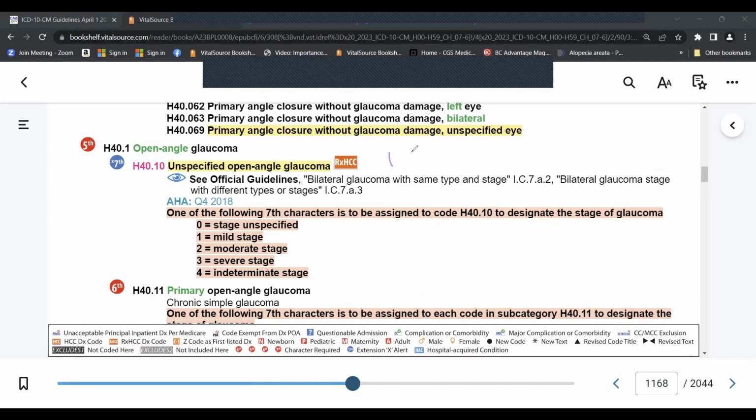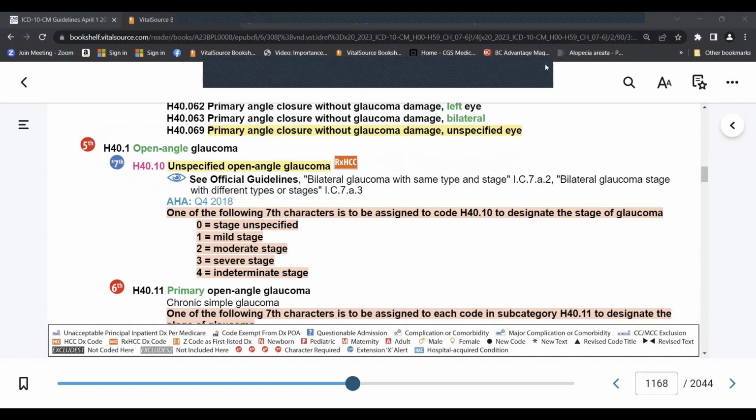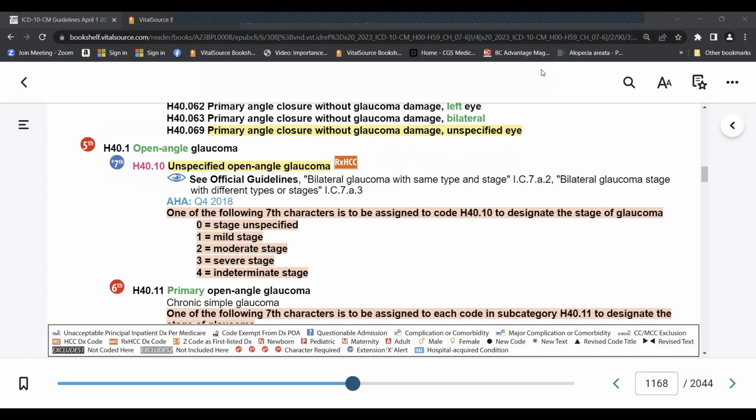So just so you can have a visual on that, there is no 6th character, X and 1. That's enough because this category doesn't discuss laterality. I'm just going to code it for both eyes. They're the same. It's okay. All right. So we'll skip back over here to those guidelines.